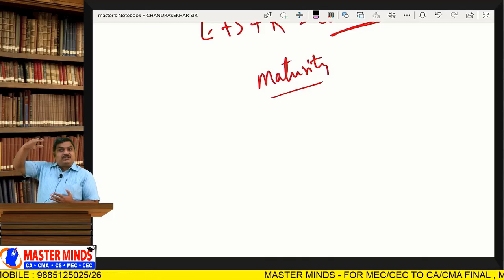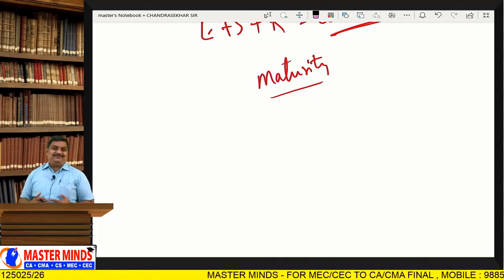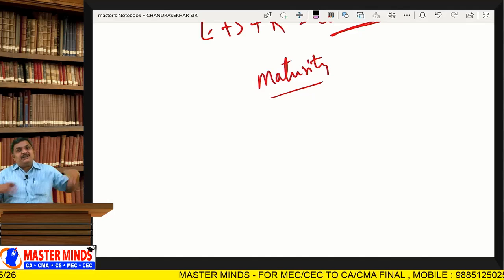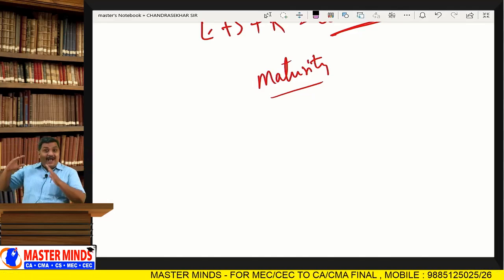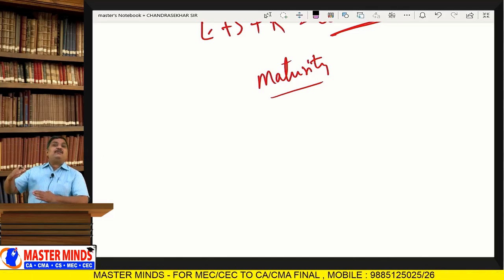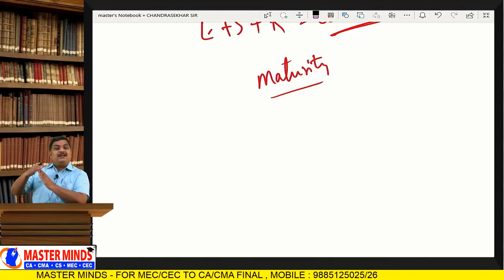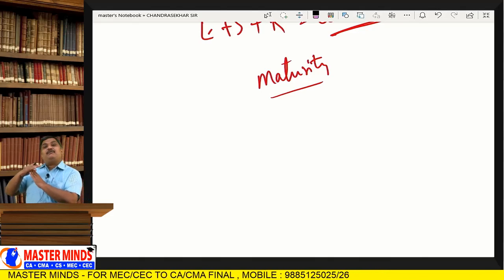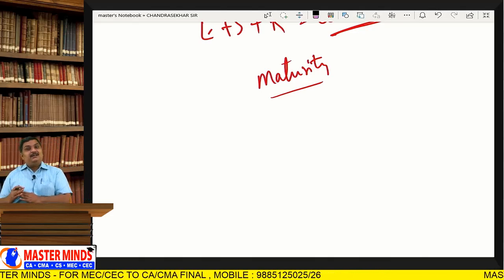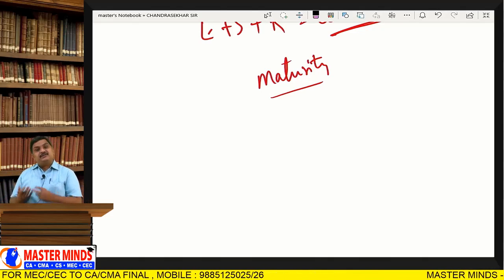See, once you reach a position, you should maintain that position. If you don't have any position, that is okay. But once you reach one point, you should always focus on maintaining that point, maintaining that level of activity, maintaining that level of business. For that, what you have to do? You have to follow a stability strategy.